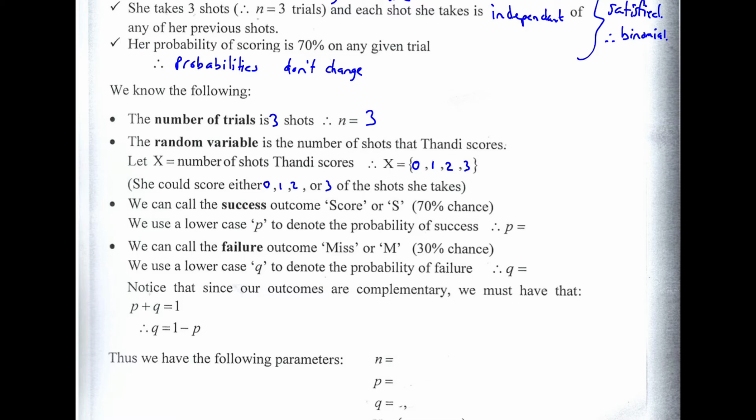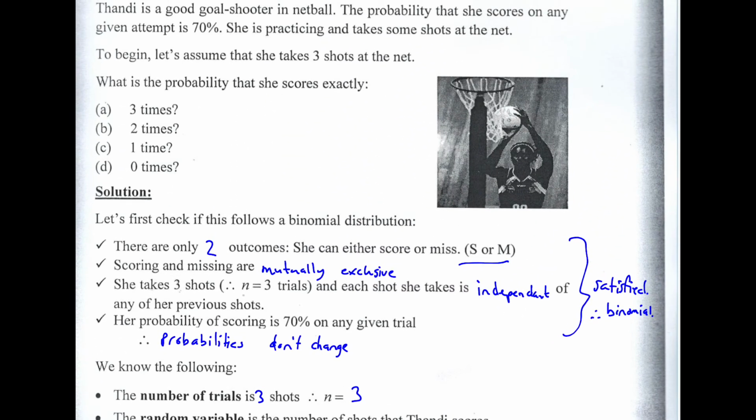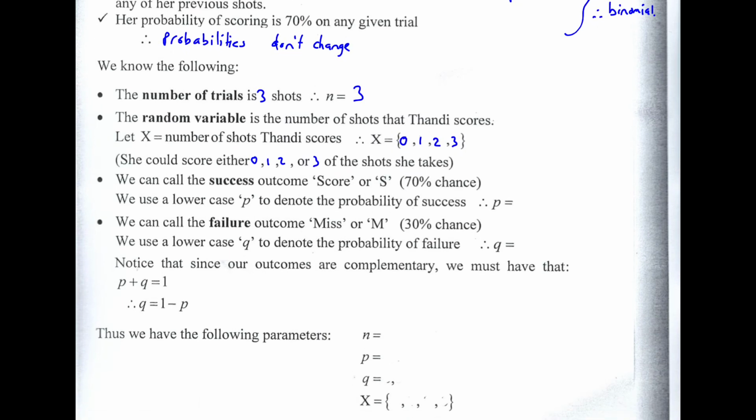All right, we can call the success outcome score, or S, because if I go back to the question, they've asked us what is the probability that she scores. Because we're looking at the probability that she scores, not the probability that she doesn't score, the probability that she scores will be known as the success outcome.